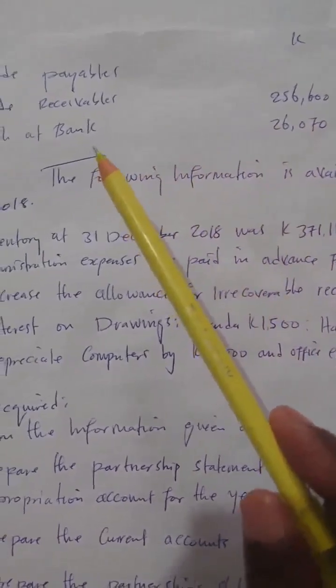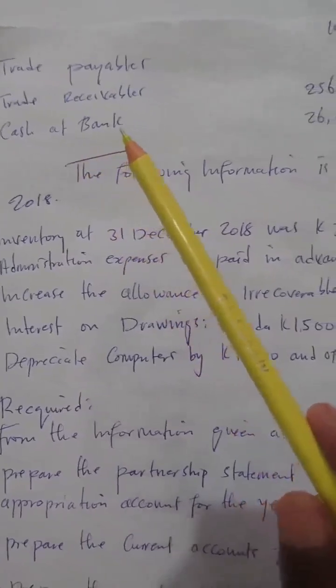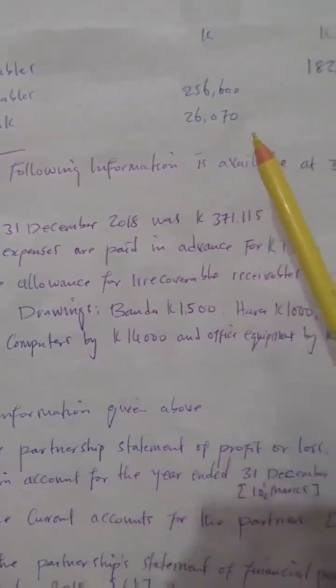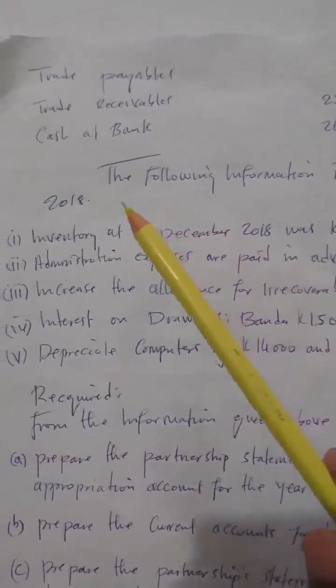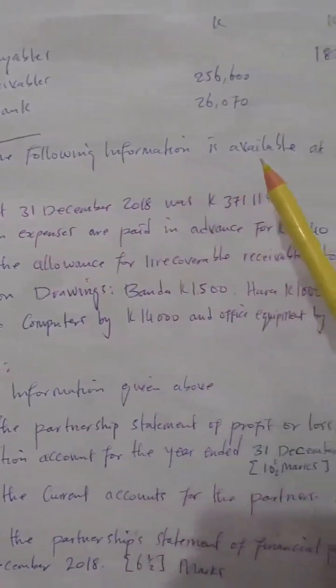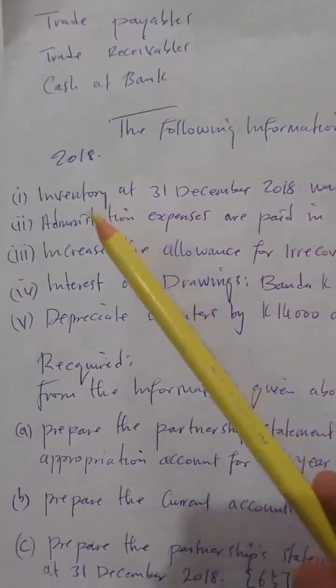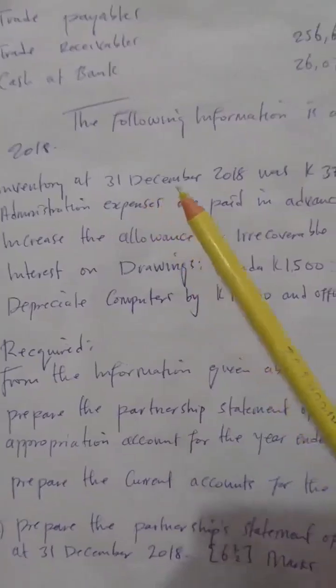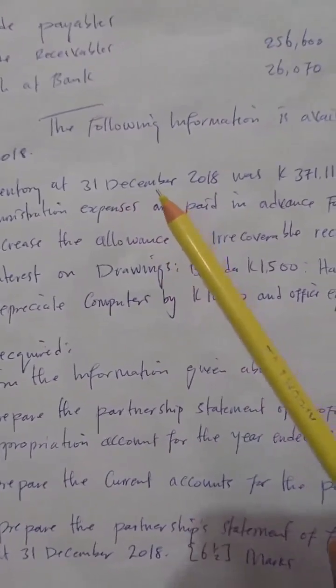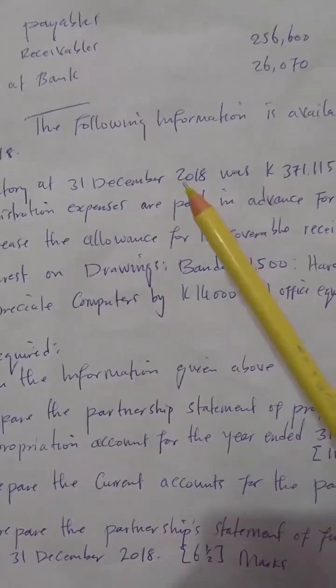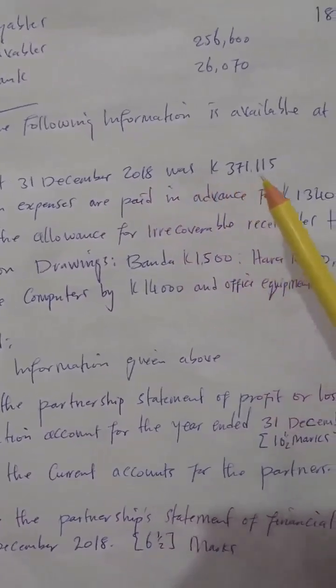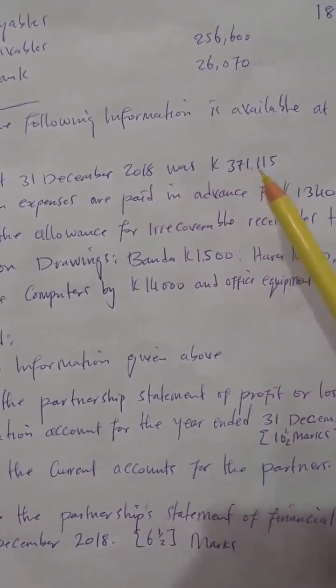And then cash at bank, we have 26,070. The following information is available at 31st December 2018. We have inventory at 31 December. So by the end of the year, this means closing inventory 371,115.